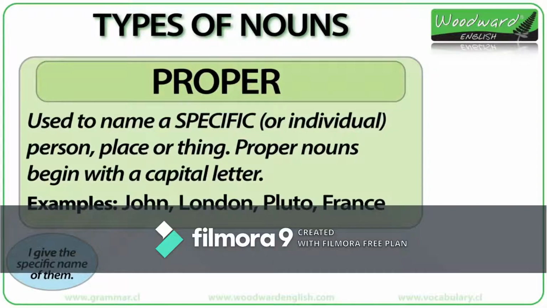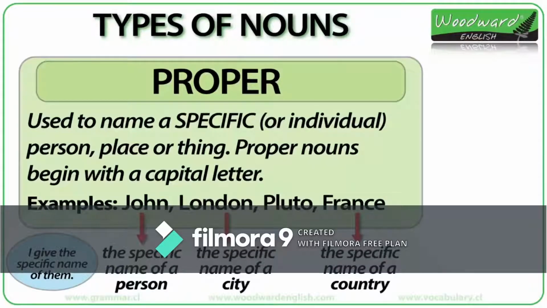London begins with a capital L and not a small l. Pluto begins with a capital P and not a small p. So if we look at our examples again, John is the specific name of a person. London is the specific name of a city. France is the specific name of a country. They all begin with a capital letter.